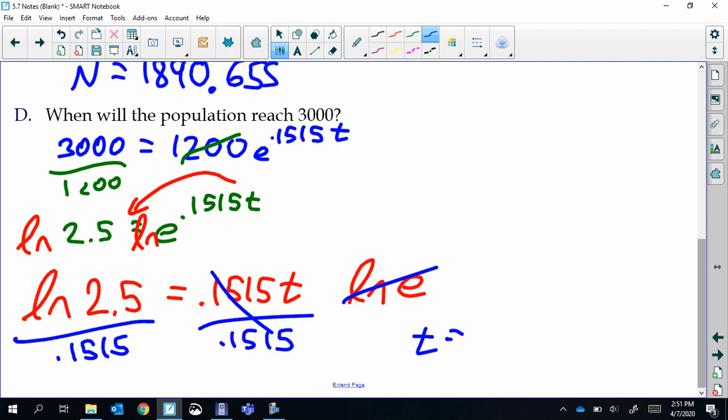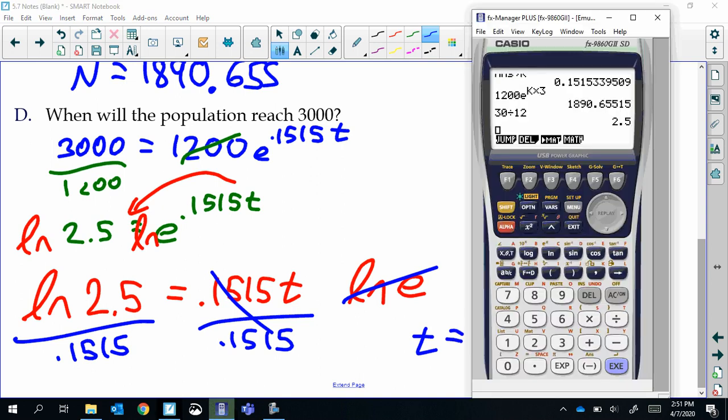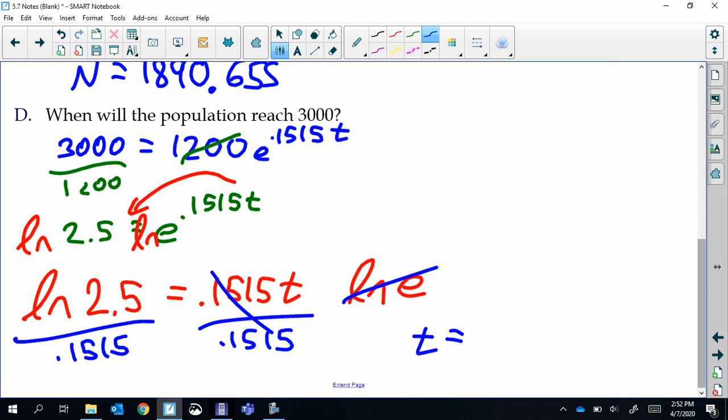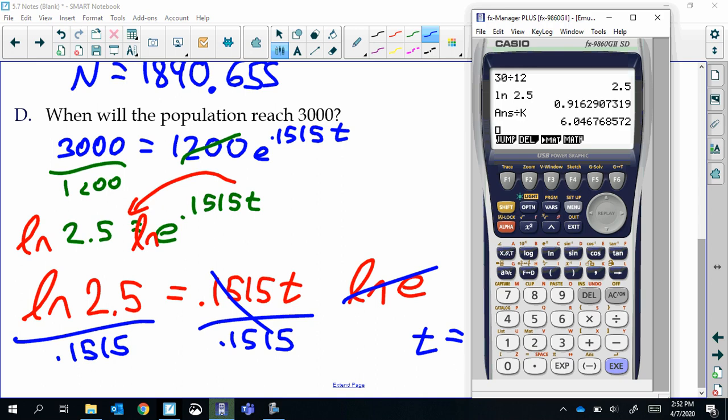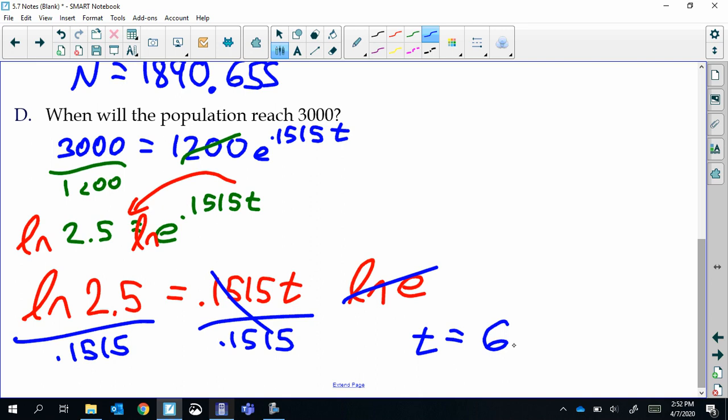So we get t equals natural log 2.5 divided by, and remember that number is k, so I'm just going to do alpha k rather than typing that. So that's 6. I think that was what I said a good estimate would be. I said it would definitely be more than 5, more than 4, probably closer to 6. And that's almost exactly what it was, 6.047.